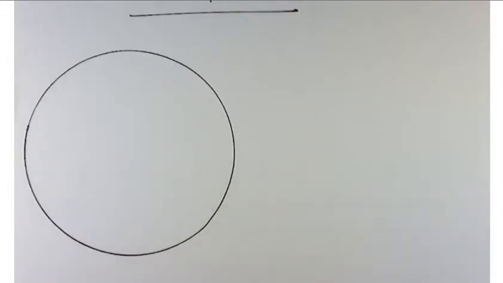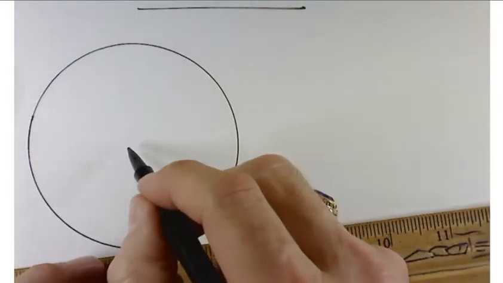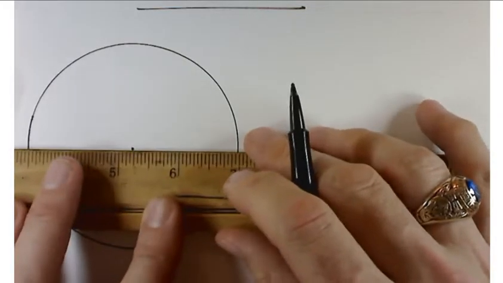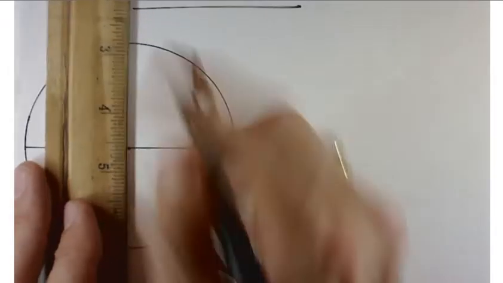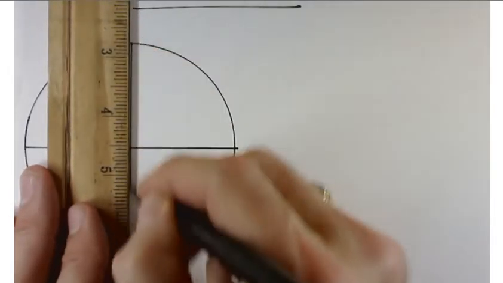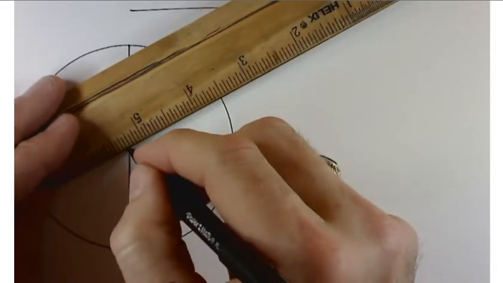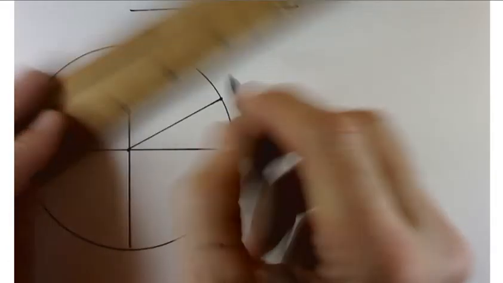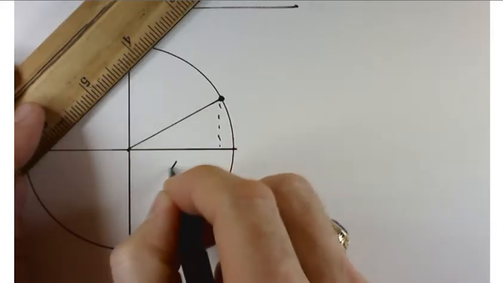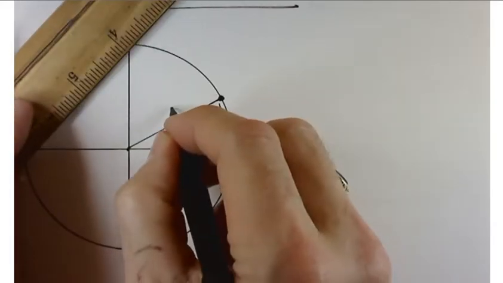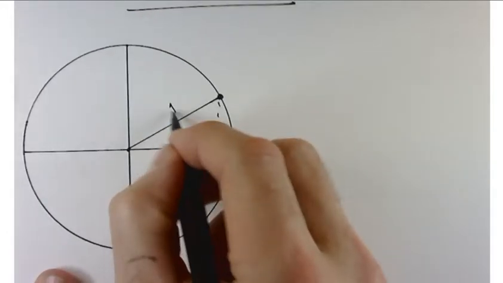So let's put an angle out here, and down here we have an x and a y. Now on the unit circle, what's the radius? 1.